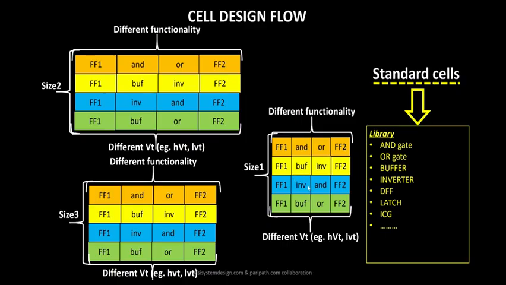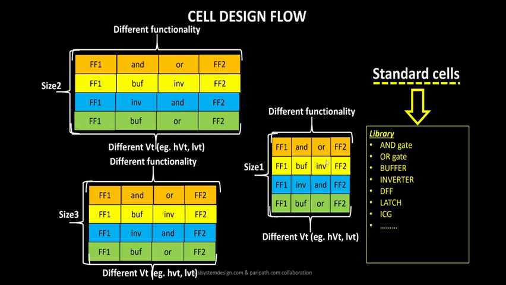The more advantage you see of these varied VT cells is whenever you do a leakage power recovery. I'll get back to those steps in a moment. For now, let us try to understand what this library consists of. The library consists of cells of different functionality, different sizes, and different VT.